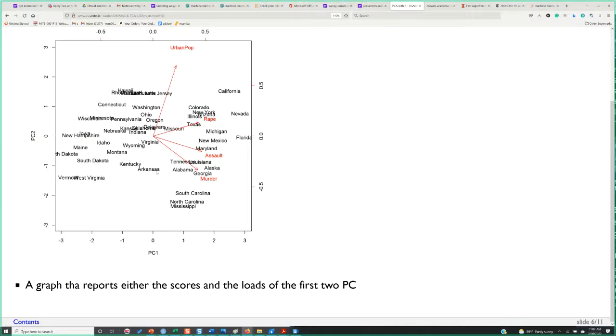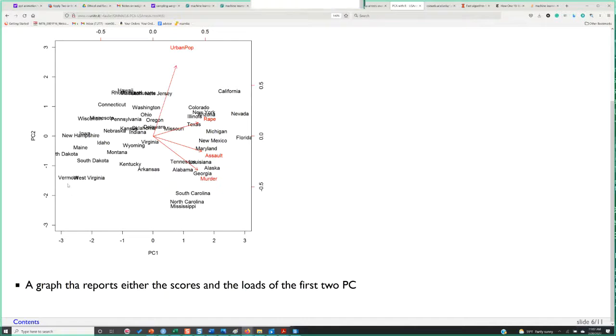If you look at this, there is a meaning going on here. You can validate it internally. This is New Jersey: PC1 value is very close to 0, PC2 value is around 1.5. That's why New Jersey is here. South Carolina gets here: PC1 value is around 1, PC2 value is -2. So this is urbanization, remember that. This is the crime level.